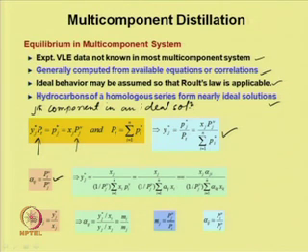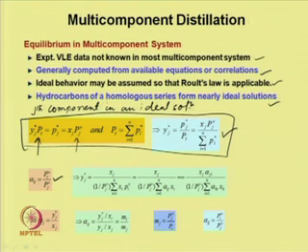We can also write x j alpha j i divided by 1 by p j v summation over i equal to 1 to n of alpha k i x k. So, once the equilibrium vapor mole fractions are known, the partial pressure and the total pressure can be calculated from these relations.